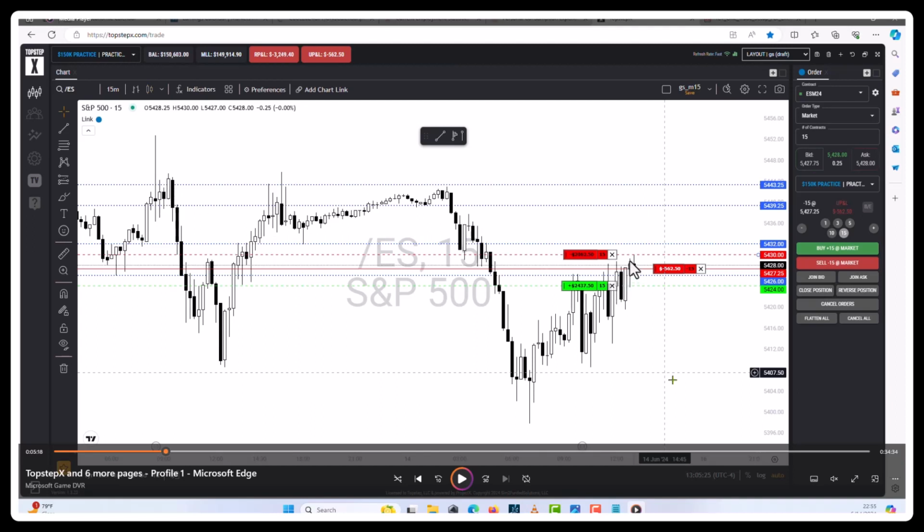Whenever you see that, and then it's a test from above, that's where it continues. That's the lesson we learned. Whenever we see the test from above, it will not always break this level. It depends on the location. If the location is up here, it will make a second leg up. But if it's the second one right here, the location right here, it will reverse.